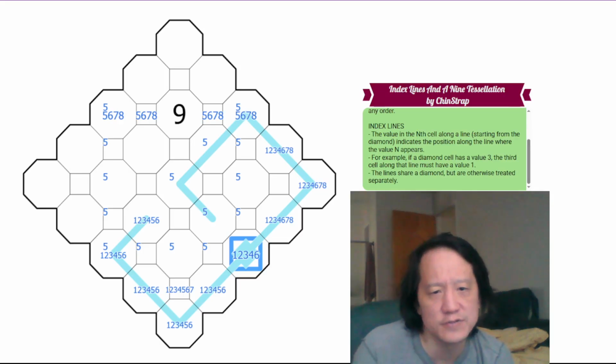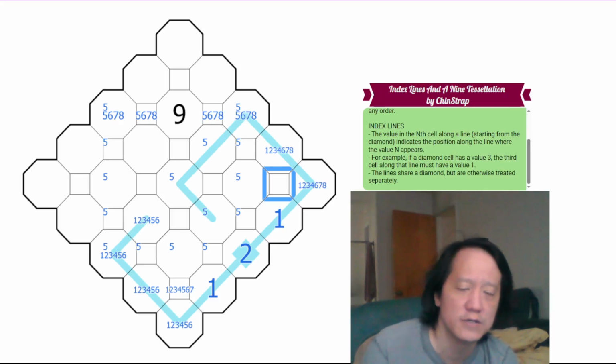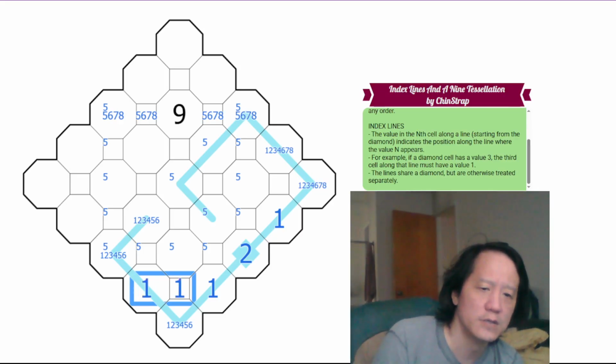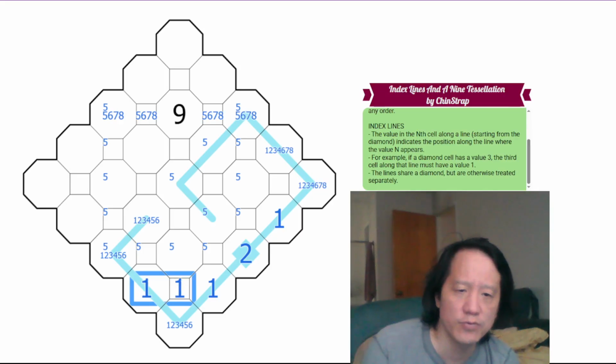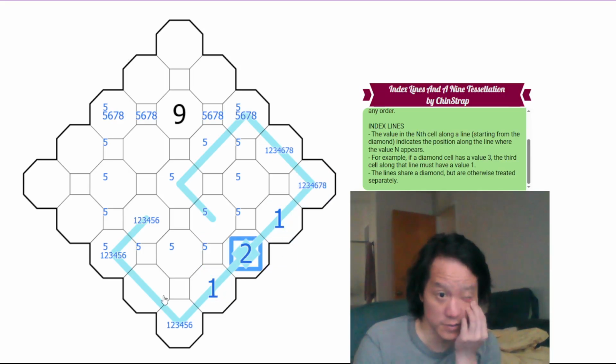What about if this is 2? If this is 2, this is 1 guaranteed, 1 guaranteed. Oh, that's interesting. That means this must be 1, 2, 3. So that's saying 1 has to be in the second position, which it is. 2 has to be in the first position, which it is.